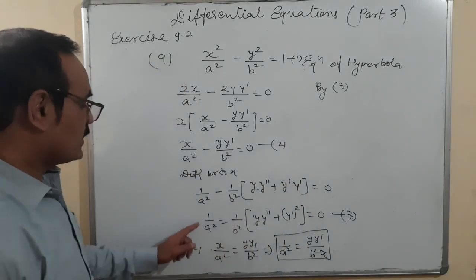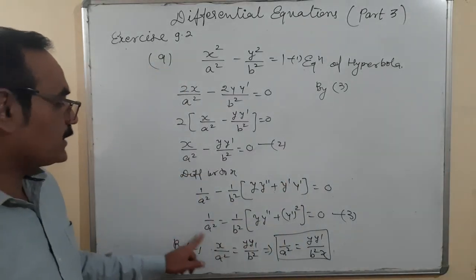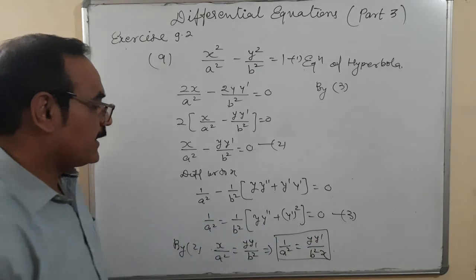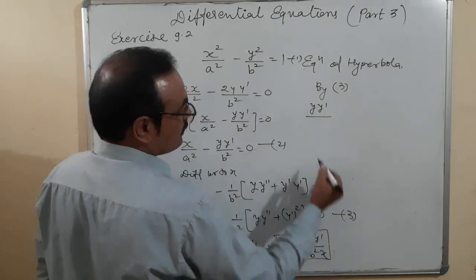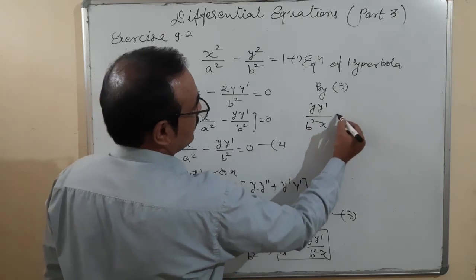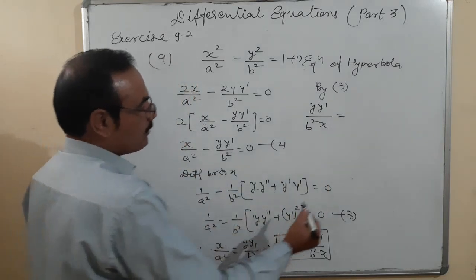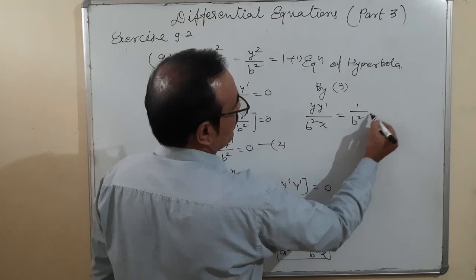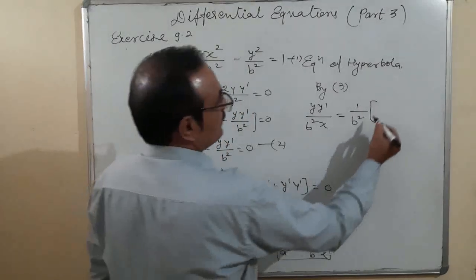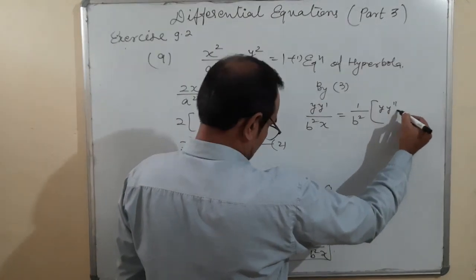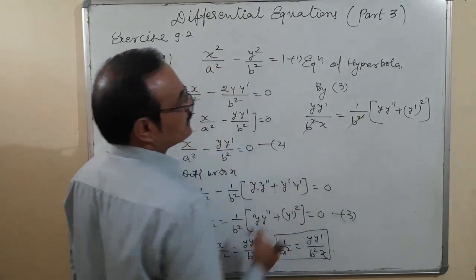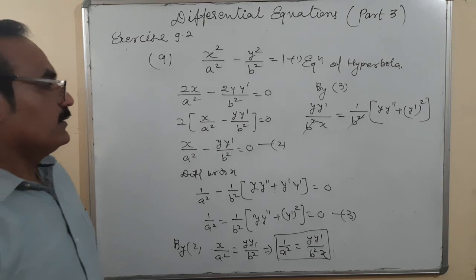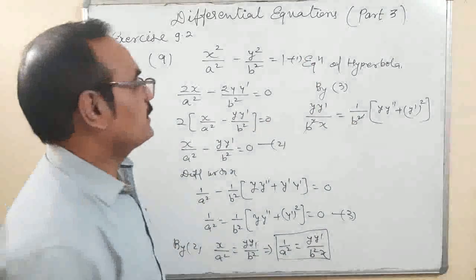So in the third, what is 1 upon a square? 1 upon a square is y dash upon b square x is equal to 1 upon b square and y double dash plus y dash square. So b square cancels. I think a and b both are eliminated. Now what should be done?